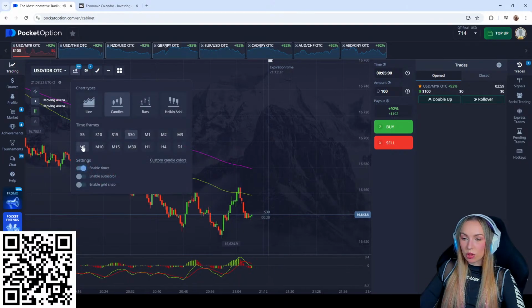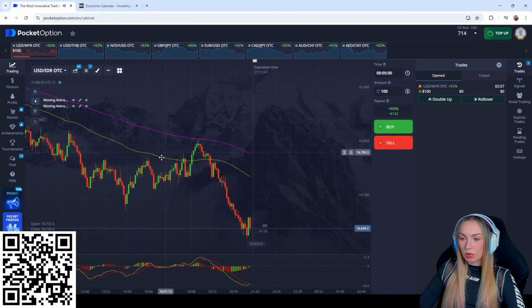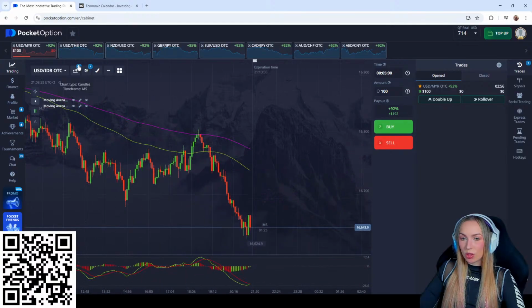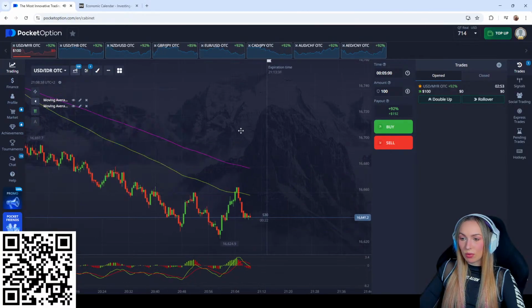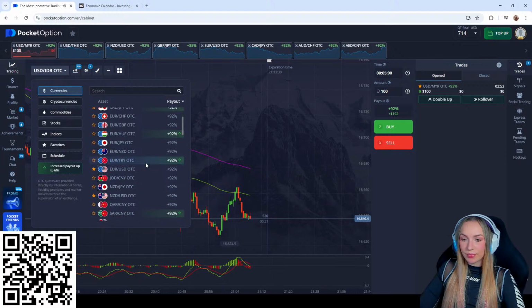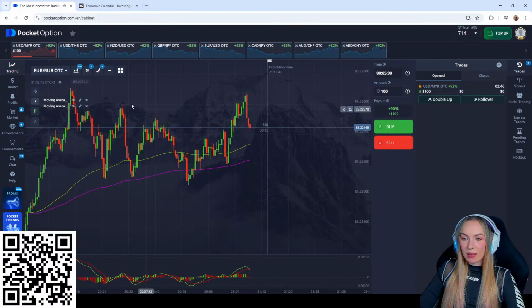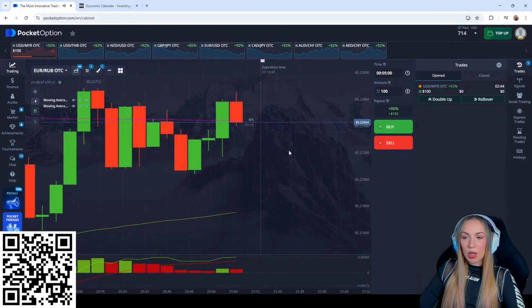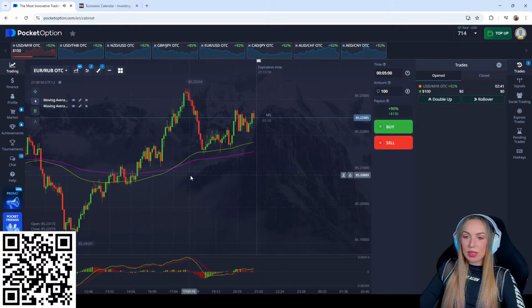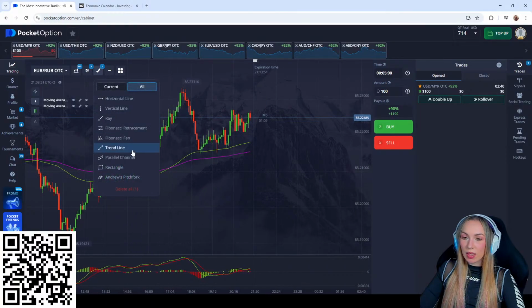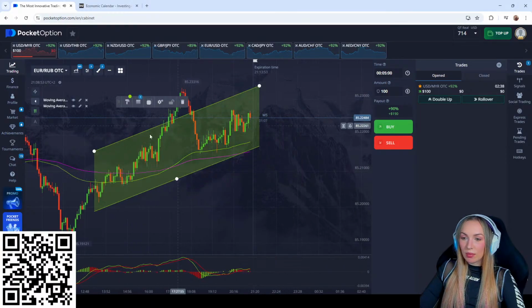Here also actually formed a signal to open the trade in the downward direction, but the price is so much down that I don't believe that it will go much lower. I don't want to go here to 80%, but maybe. By the way, we never checked on my streams the cryptocurrencies because I am avoiding them.